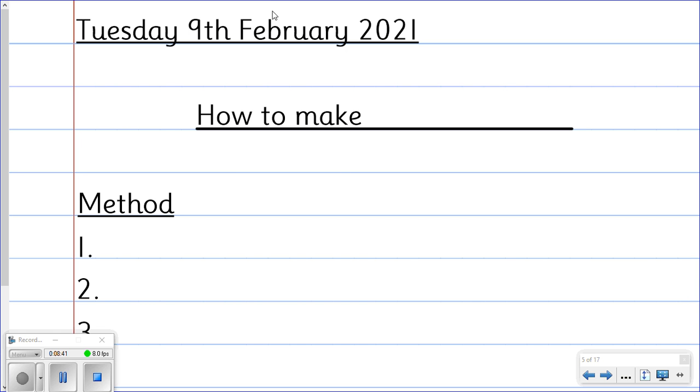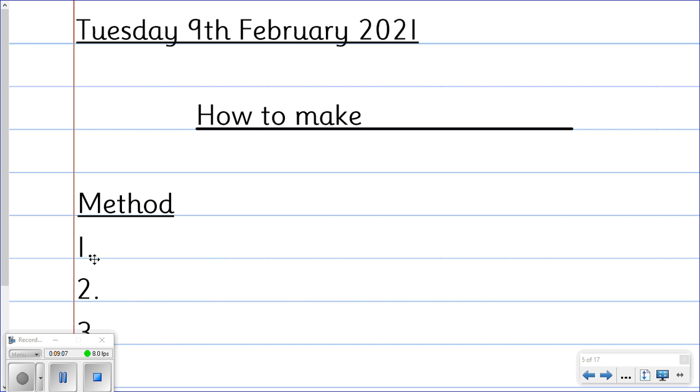So you don't need to print this off. In fact, I don't think we've uploaded this template for you to print off anyway, because you can just write straight onto your lined paper. My top tip would be, don't write all of your numbers at the very beginning, because you don't know how much space each of your instructions is going to take up.